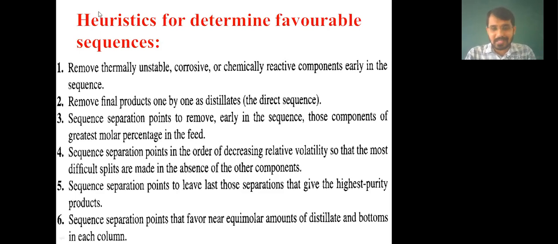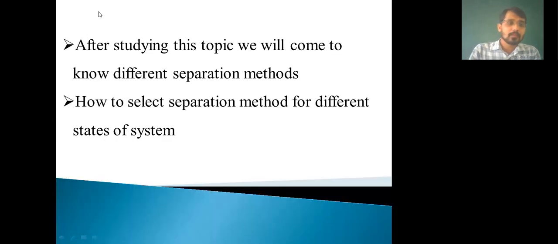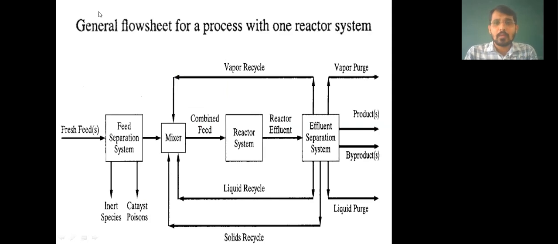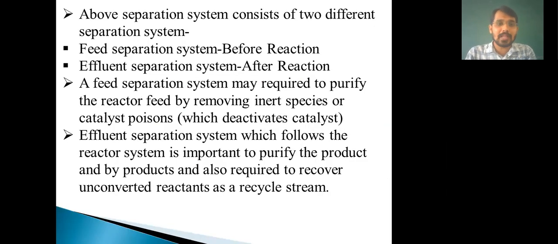So this is all about today's lecture. In today's lecture, we started a new chapter, synthesis of separation trains, which means we are dealing with the sequencing of reactors. After that, we saw one reactor system with a feed separation system and an effluent separation system, and what the reactor is. I explained what happens in the effluent separation system and feed separation system.